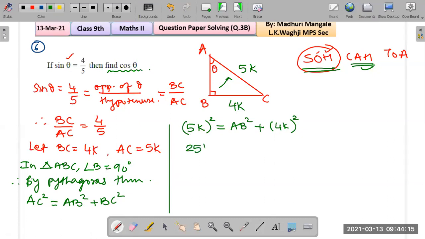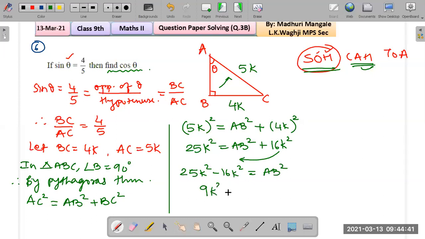So 25K squared equals AB squared plus 4K squared, and the square of 4 is 16, with K squared as it is. We shift this 16K squared to the other side, so it becomes 25K squared minus 16K squared equals AB squared. Subtracting, what do we get? 9K squared equals AB squared, right?